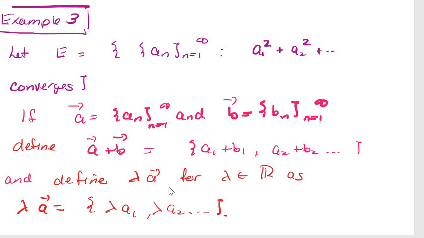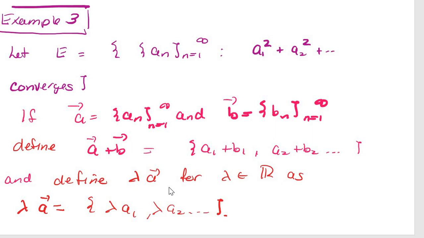So just like I showed you before, S1 would be A1 squared, S2 would be A1 squared plus A2 squared, S3 would be A1 squared plus A2 squared plus A3 squared. If that series converges, and I define addition by component-wise addition, and I define scalar multiplication by component-wise scalar multiplication, that thing is a vector space.